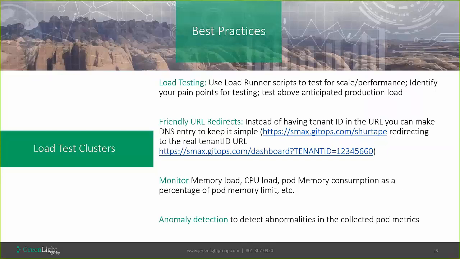Another key point, once you're up and running, is to get some monitors running on your cluster. So some of the key things to monitor are memory load, CPU load, and then pod memory consumption. If we're talking about CPU load, for example, that's if you do a top on a Linux box, the CPU load there is what we're monitoring.